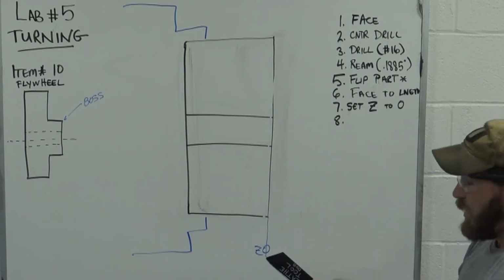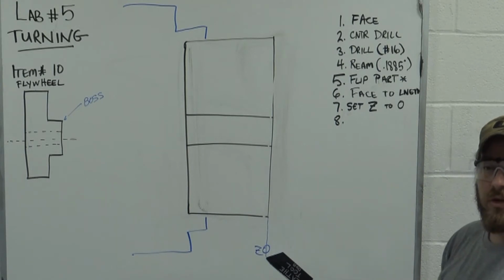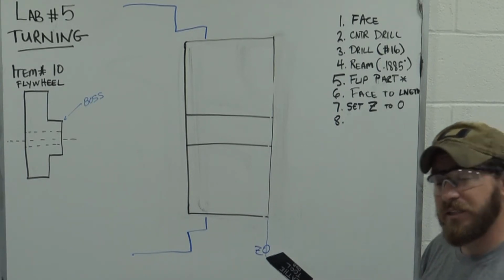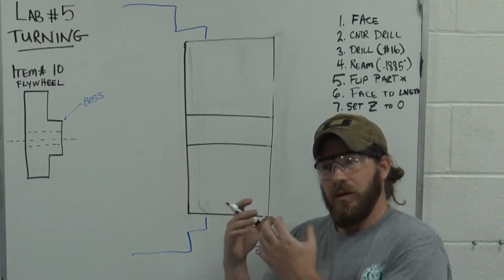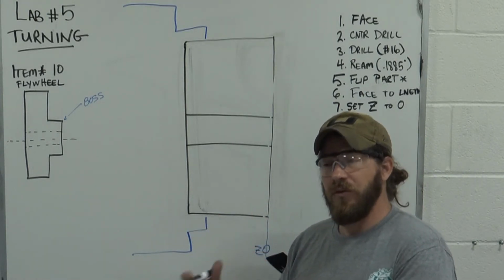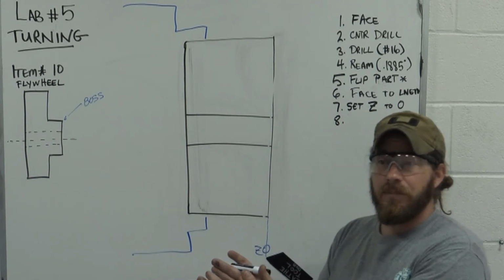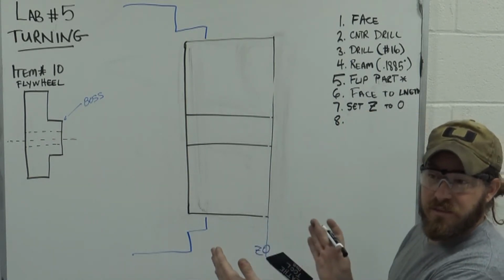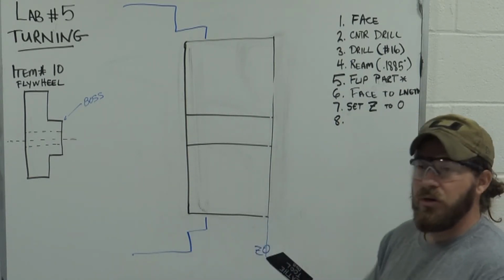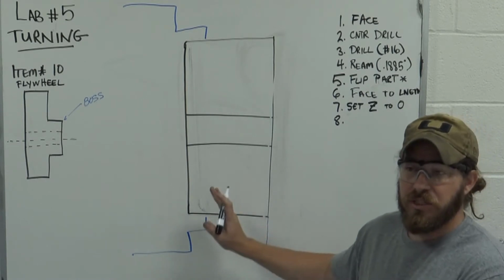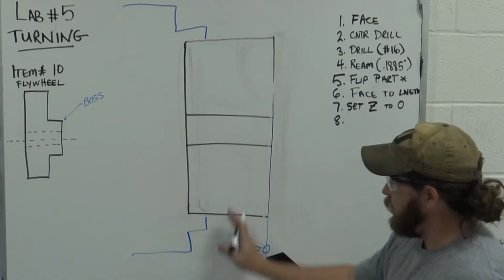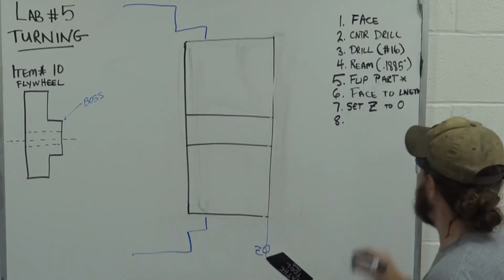All right? Our next step is going to be setting our X, okay? So far to this point, all we've done is just making things in the Z, all right, one axis. Now we're going to start using our X-axis, our cross slide, okay?